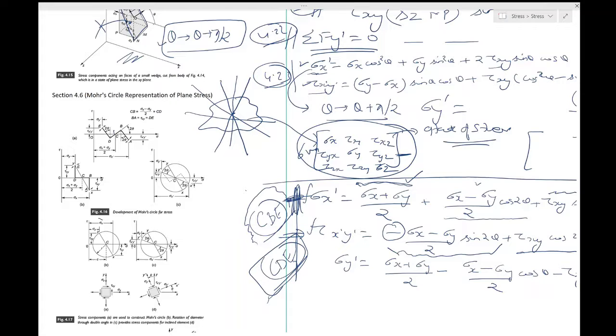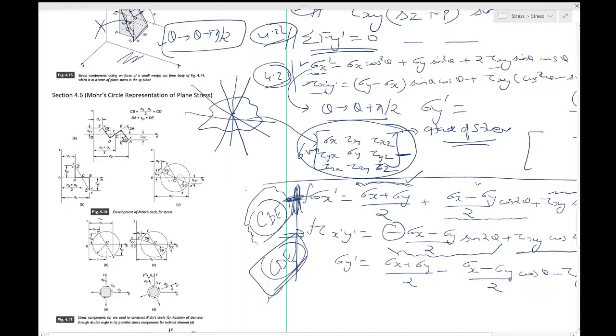A will be vertically below B when theta is 0, right? This is shown over here. A is vertically below B, and that's why they say that the abscissa of A and B is sigma x. The abscissa of A was sigma x, but right now the abscissa of A and B both will be sigma x because of this special case.